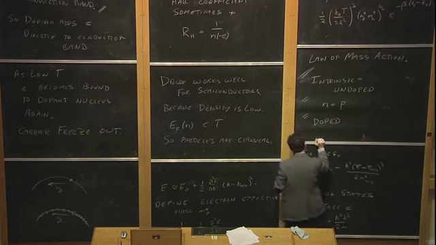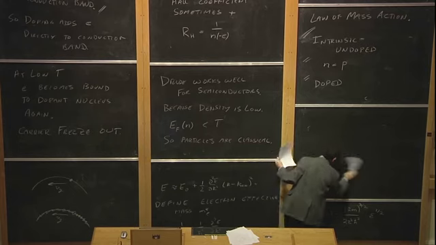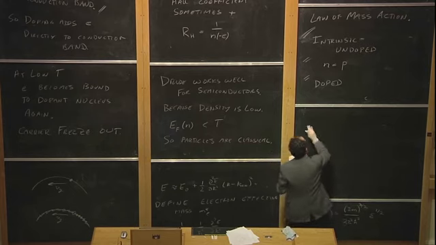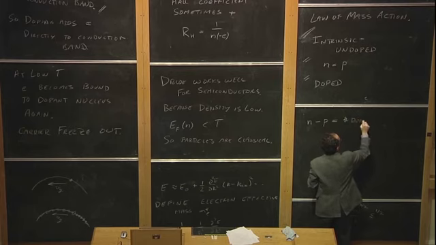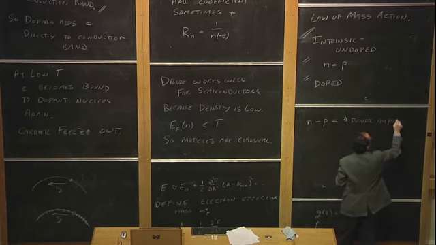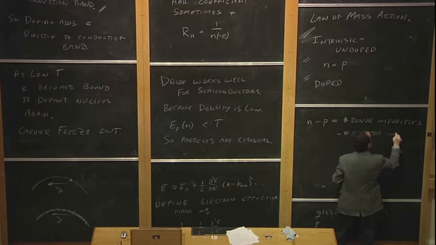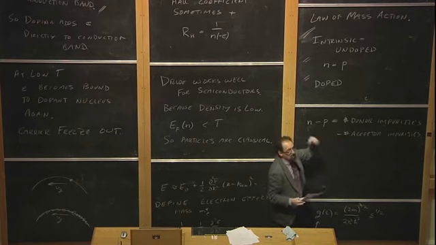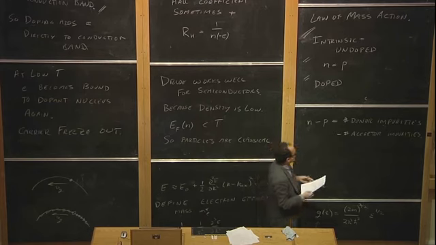But for a doped system, it's more complicated. Then we add dopants, and we have the number of electrons in the conduction band minus the number of holes in the valence band equals the number of donor impurities minus the number of acceptor impurities. Because each time you add a donor impurity, you add one electron into the conduction band without adding a hole into the valence band.